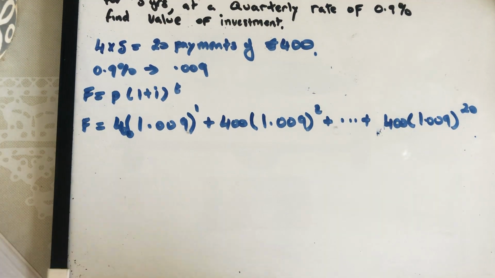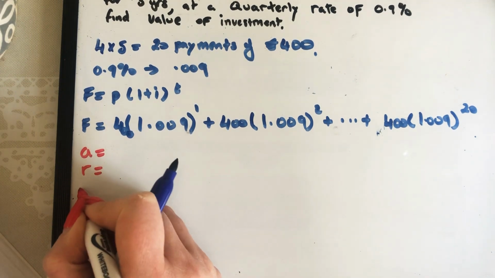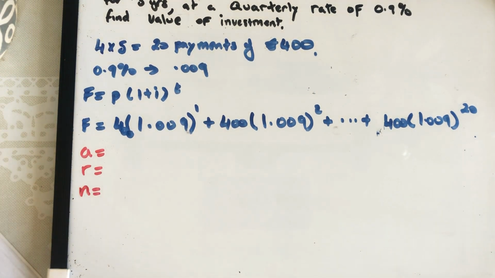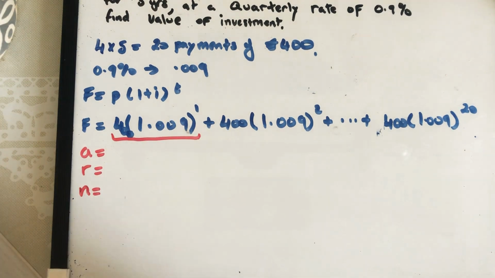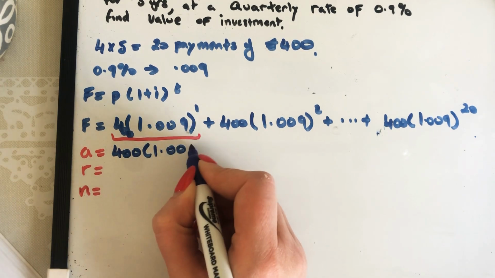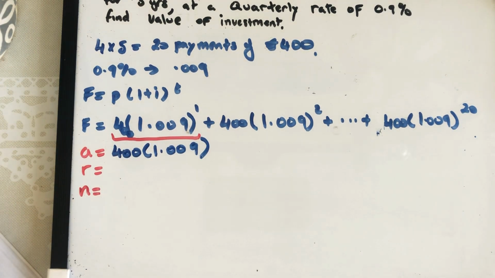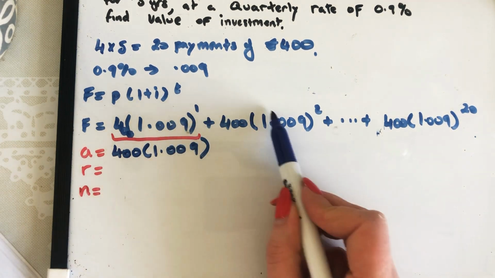Next of all, we're going to identify what our a, our r and our n are. A is the first term, so you can see here the first term is all of this. So it's going to be 400 by 1.009. Our r is our common ratio, so we ask, what is changing as we go from term to term?